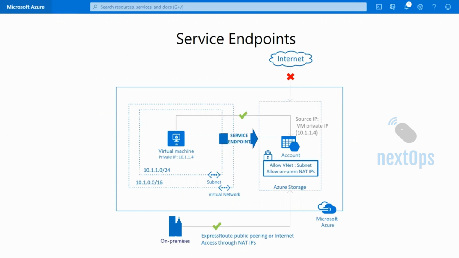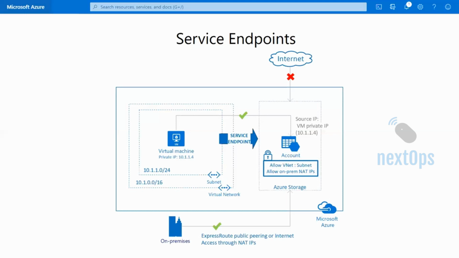That was a security concern for a lot of customers. So Microsoft lifted the concept of public endpoints and came up with a solution called service endpoints, in which, when you create a service endpoint for a specific resource within Azure, you can access the resource privately from another resource.